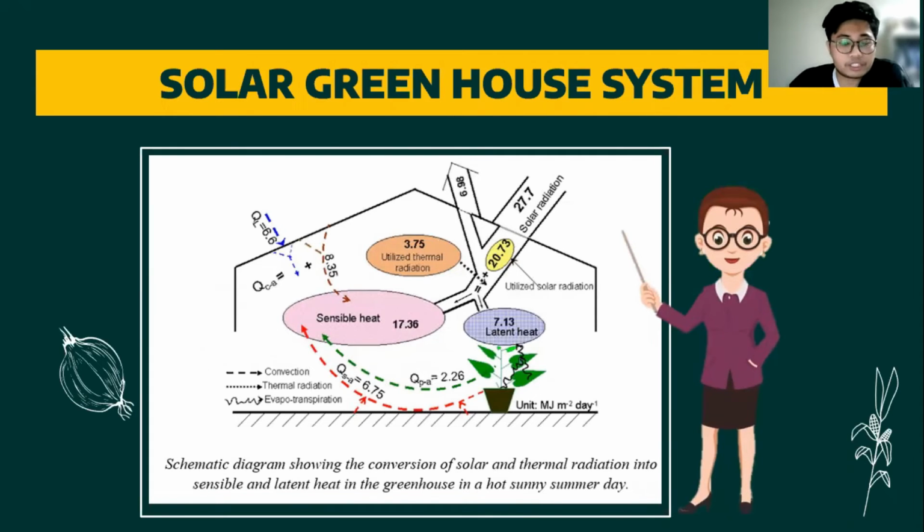So this figure shows the heat or the energy in terms of values. As we can see, as an example, 27.7 was given by the solar radiation, but then 6.98 will be repelled, and the greenhouse will absorb a portion of 20.73, which then goes into the sensible heat and latent heat.